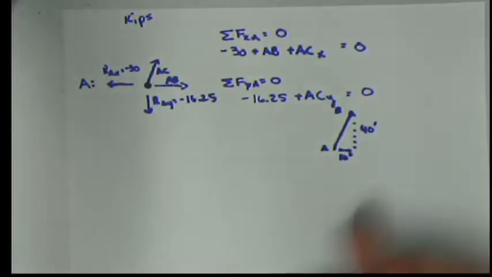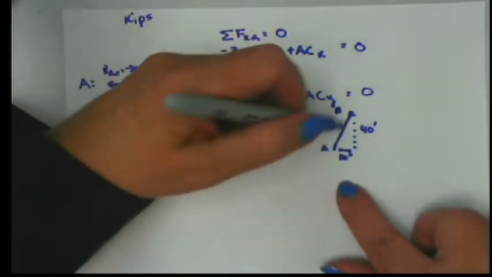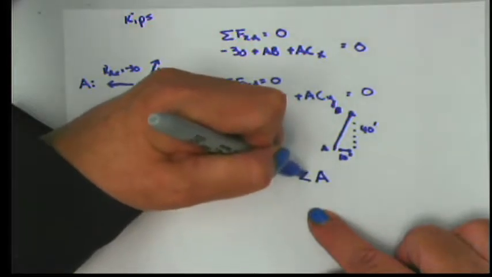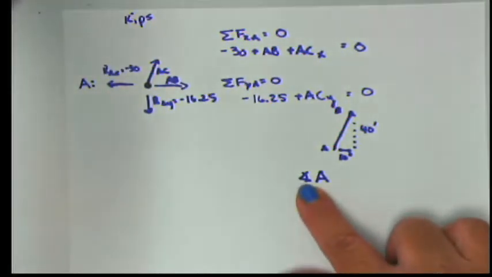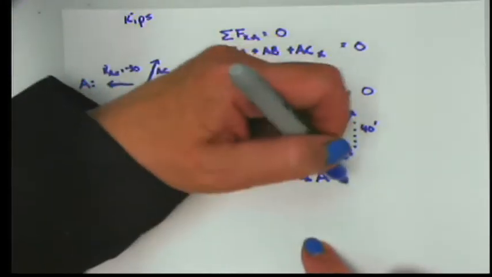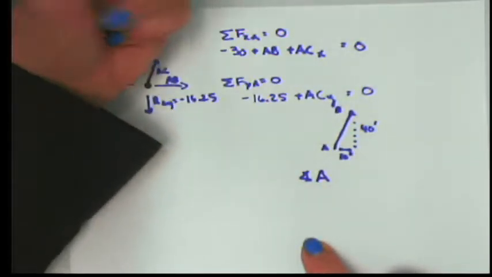So that means that my angle at A is significantly different. So what is my angle at A? Well, I have an opposite side and an adjacent side. So opposite over adjacent gives me a tangent.